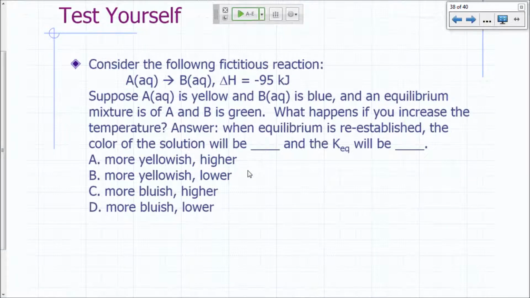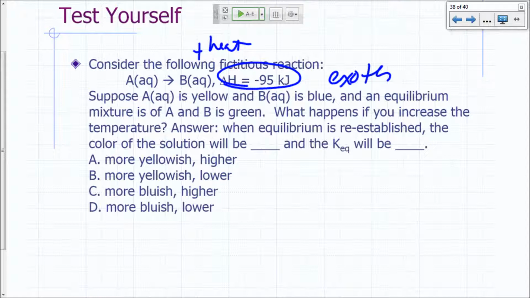Let's look at this one. Is this exothermic or endothermic? Delta H is negative. This is exothermic, right? So you have heat on the product side. Suppose A is yellow and B is blue, and a mixture of A and B is green. What happens if you increase the temperature? Which way will it shift?